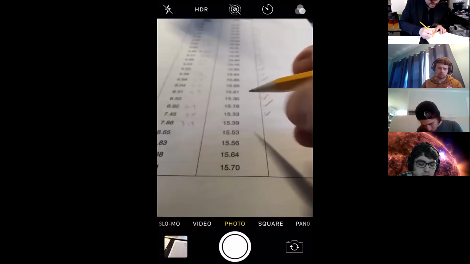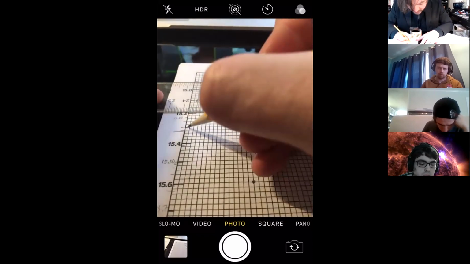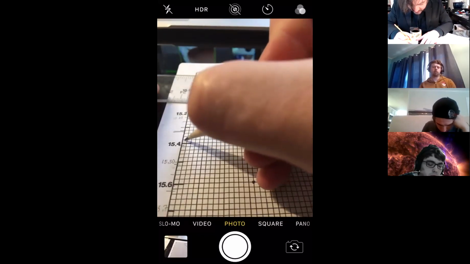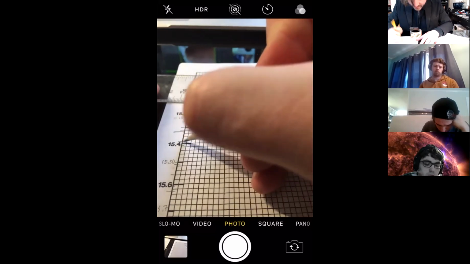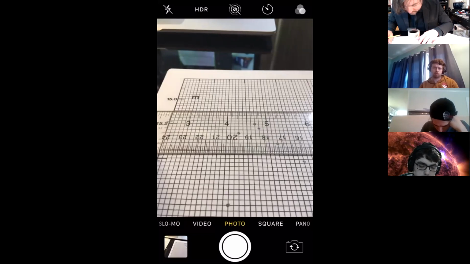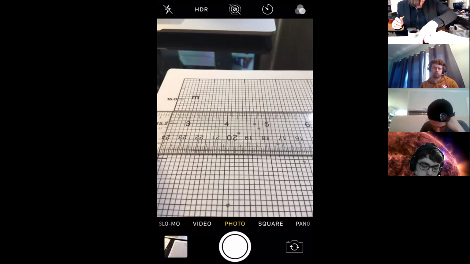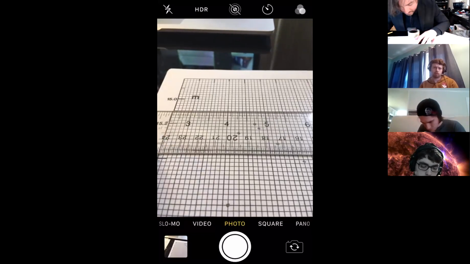Okay. Almost done. 7.9 and 15.39. So 15.38 is here. 15.39 is just above 15.4. And that's 7.9.